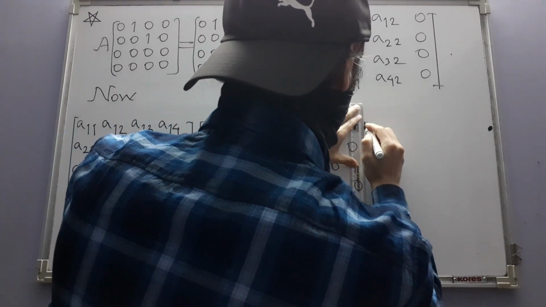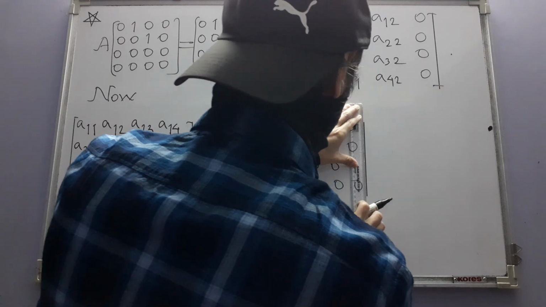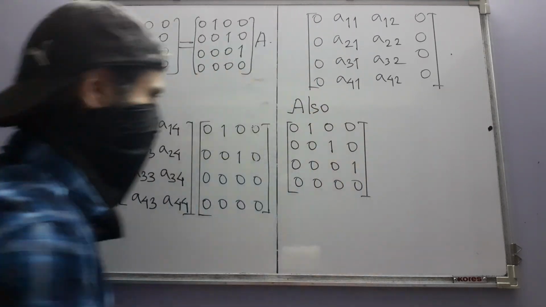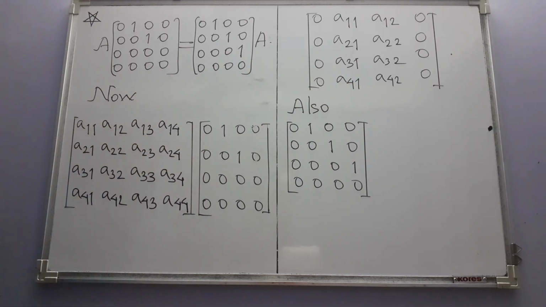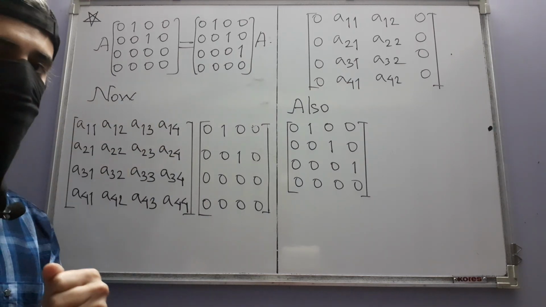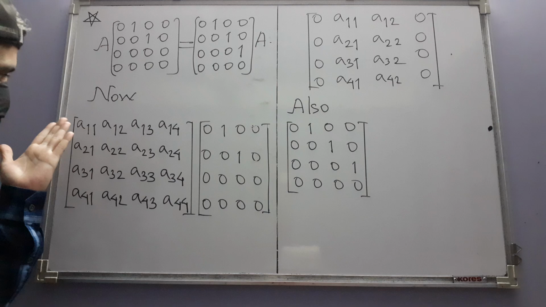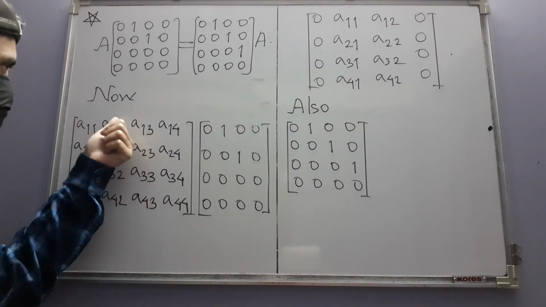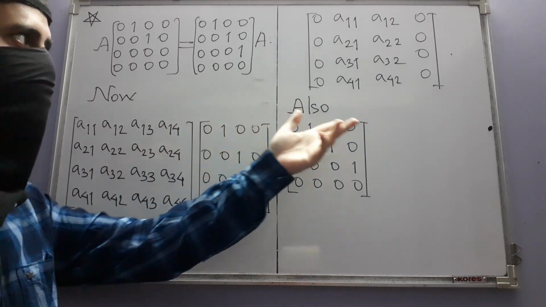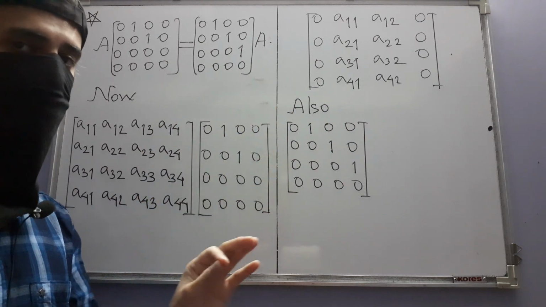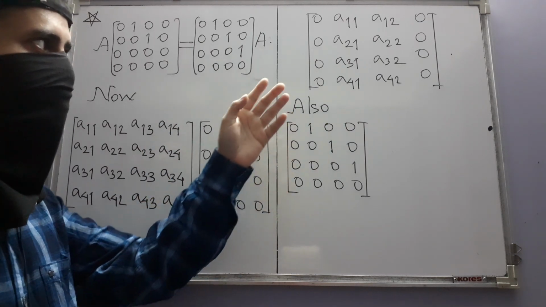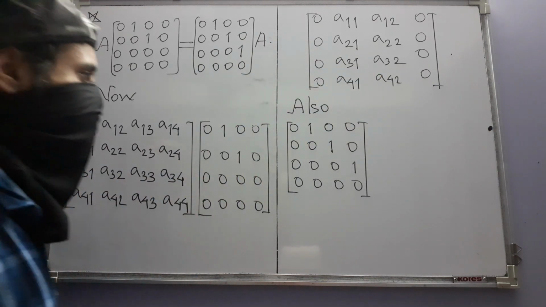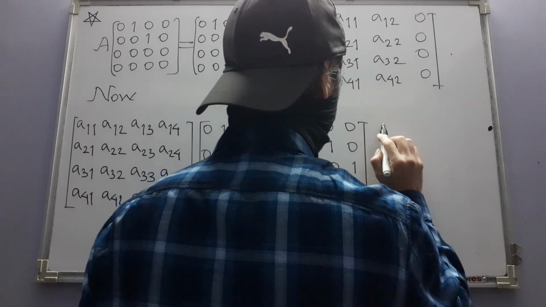If you find this way of writing the entries of a general matrix somewhat cumbersome, A11, 12, 13, you can write letters here also, A B C D E, but then you will have to write many letters, and sometimes these double suffixes help you figure out some positional things, like for example where an entry comes from. So those things you can keep track of if you use this type of notation.